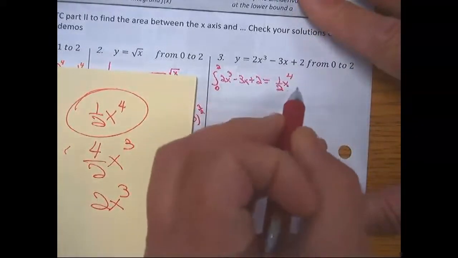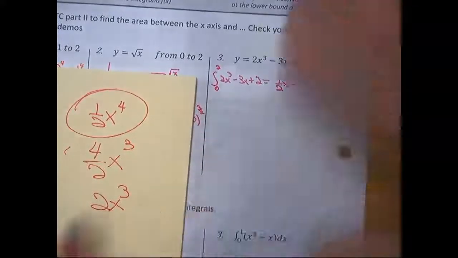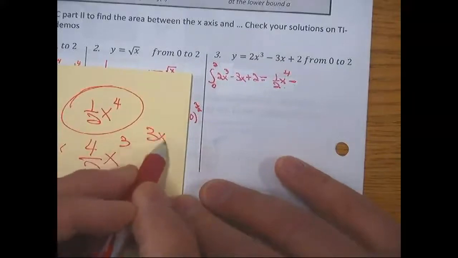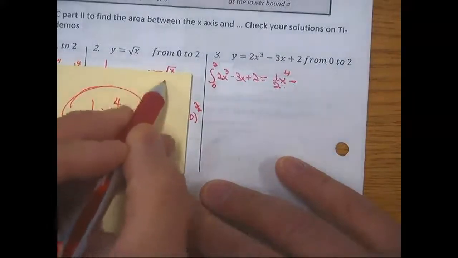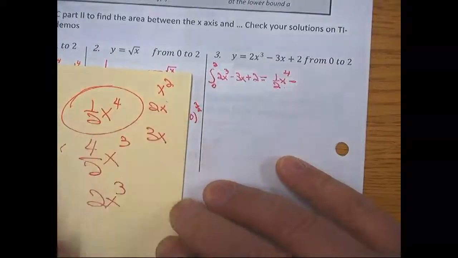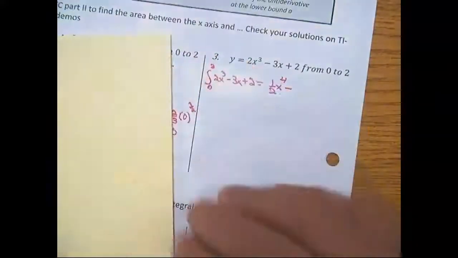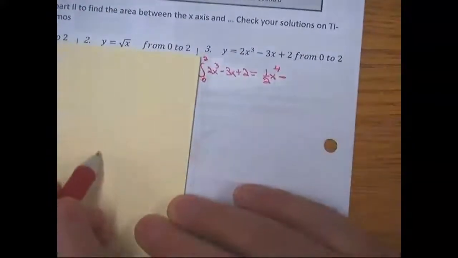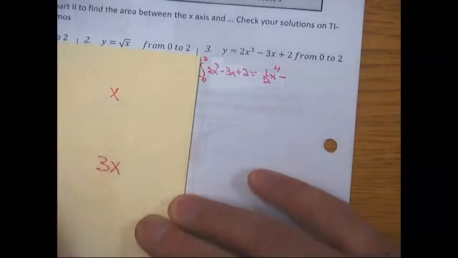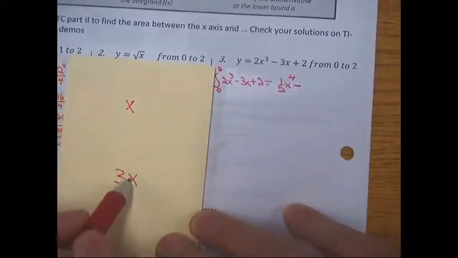All right, Anwar, what's the antiderivative of 3x? Would that be x to the 1/3? Okay, so if 3x is the derivative, what's the exponent on the antiderivative?